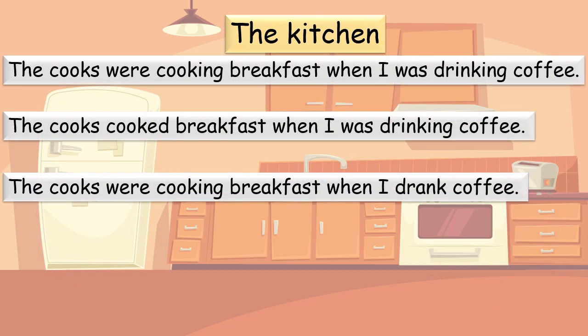The cooks were cooking breakfast when I was drinking coffee. The cooks cooked breakfast when I was drinking coffee. The cooks were cooking breakfast when I drank coffee. Now, answer my questions.